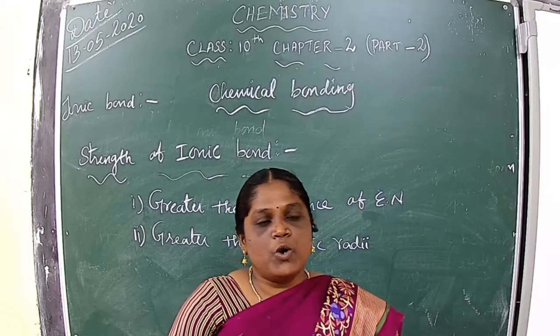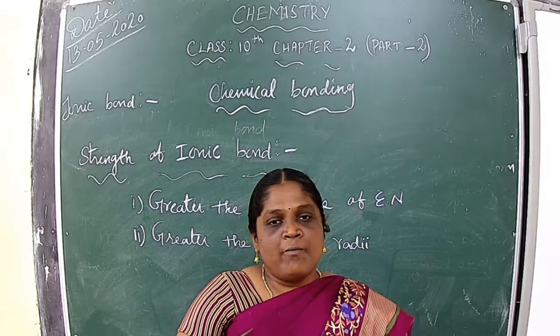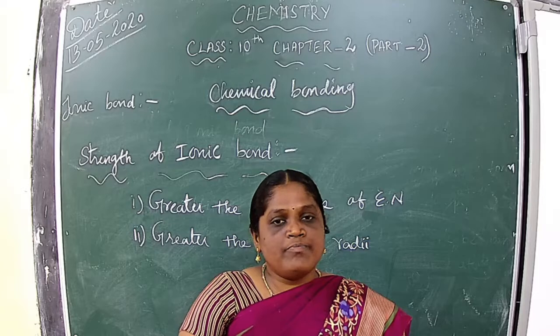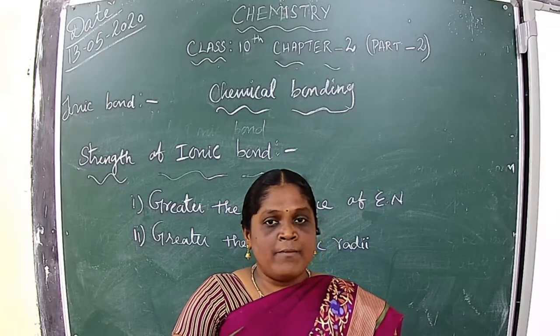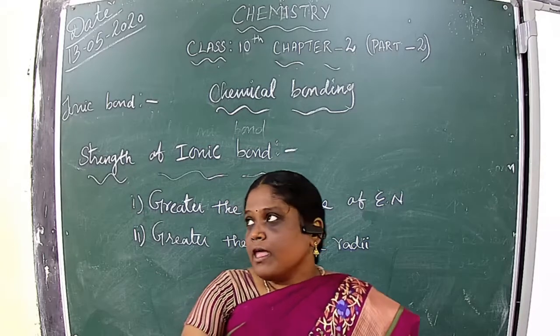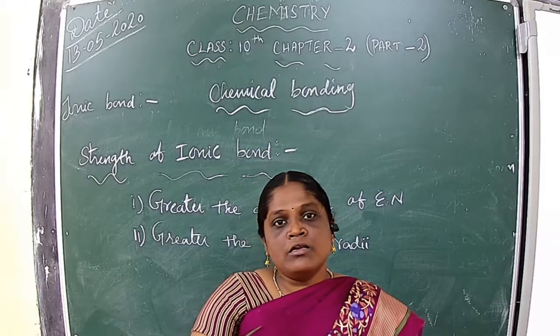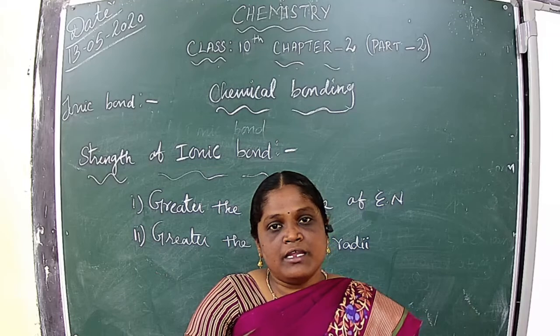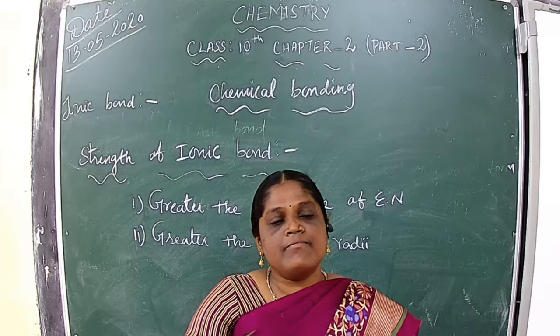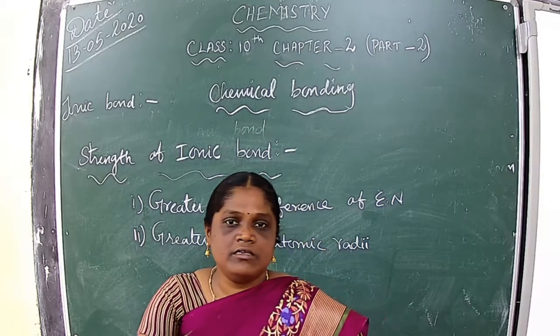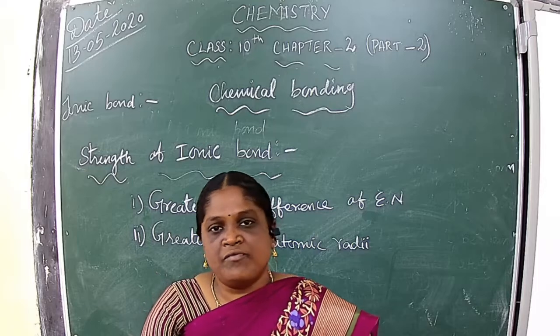I hope you understood the formation of ionic bond. What is an ionic bond, the formation of ionic bond, and the conditions for formation: three conditions are ionization potential, electronegativity and electron affinity.